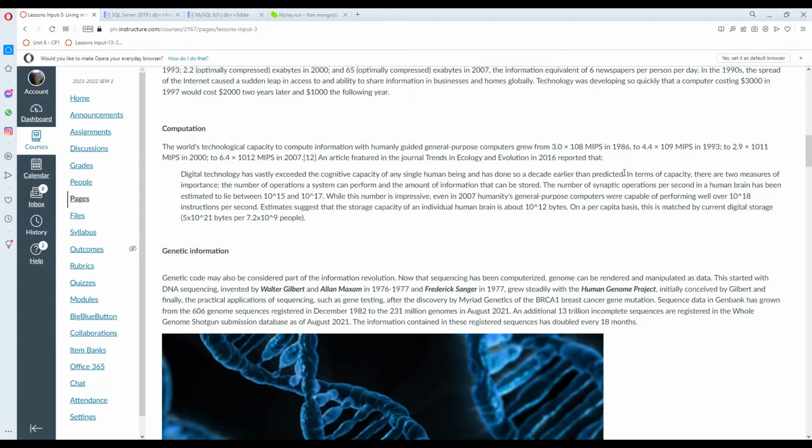The number of synaptic operations per second in a human brain has been estimated to lie between 10^15 and 10^17. Okay? While this number is impressive, even in 2007, humanity's general purpose computers were capable of performing well over 10^18 instructions per second. Estimates suggest that the storage capacity of an individual human brain is about 10^12 bytes. On a per capita basis, this is matched by current digital storage.